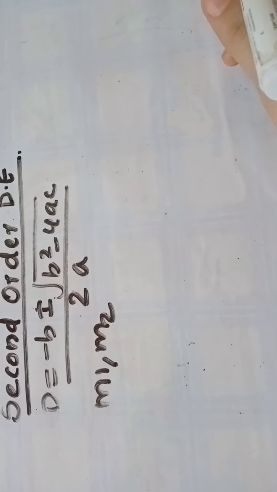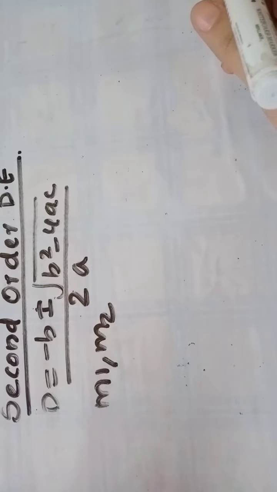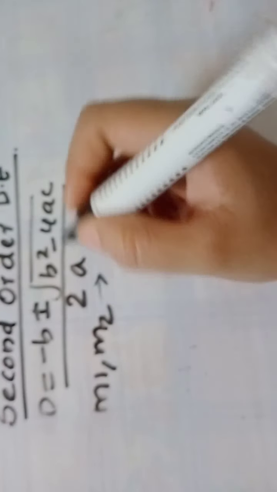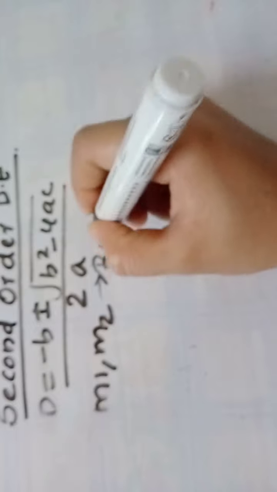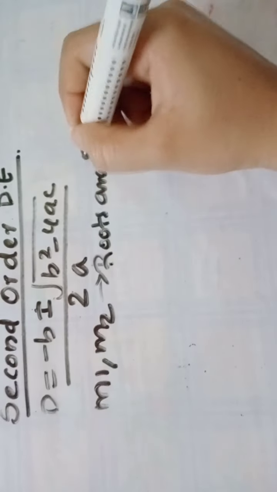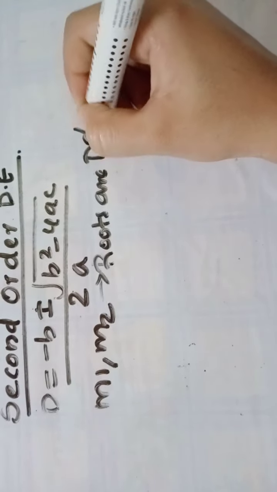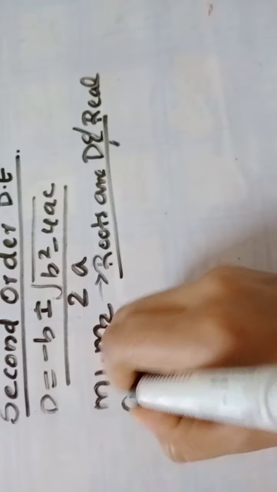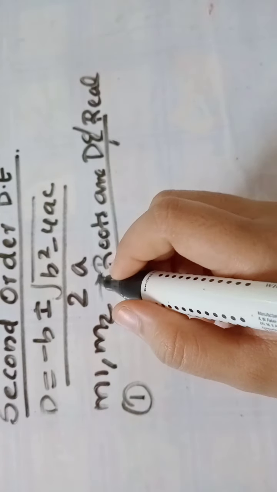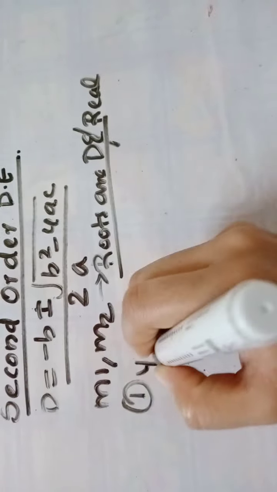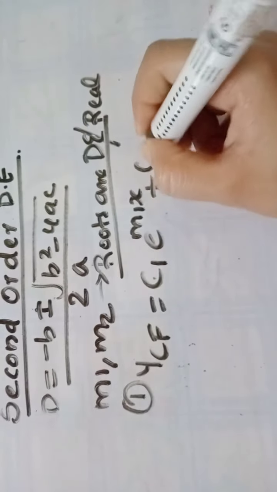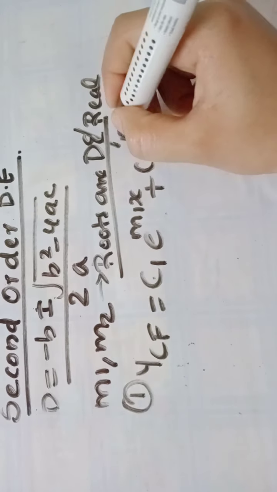And what about the solution, the y complementary function? We have three cases. In the first case, the two roots are different and real, that is, distinct. Then the y complementary function is c1 e^(m1 x) + c2 e^(m2 x).